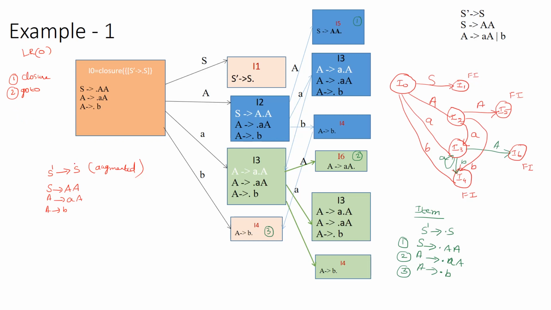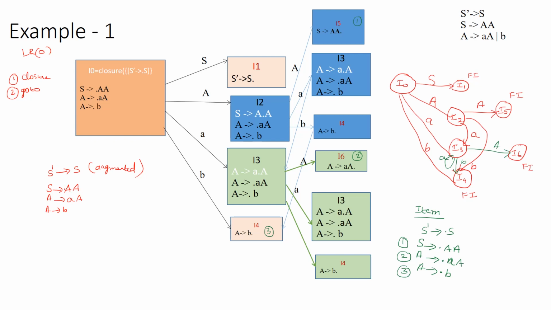And the next step is we have to find the items for this grammar. So any production that has a dot in the right hand side, that we call an item. So here now we'll find the items for this.